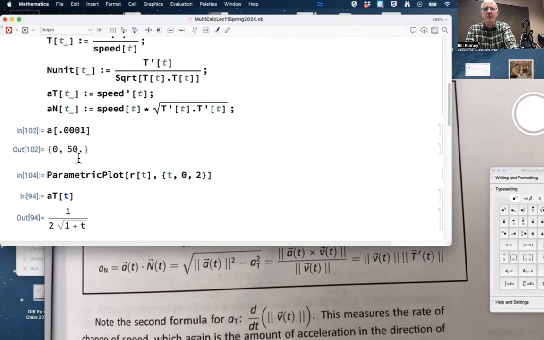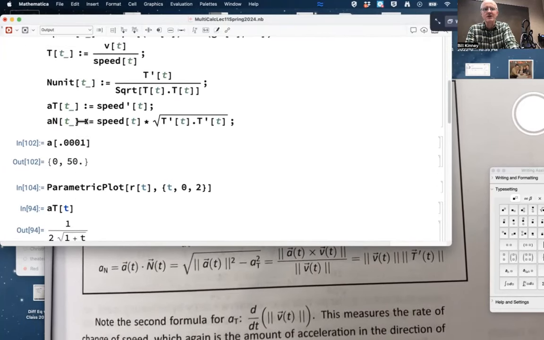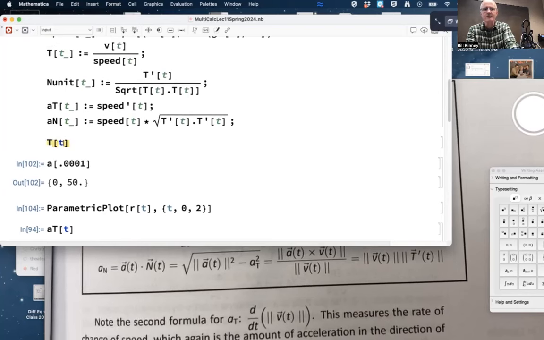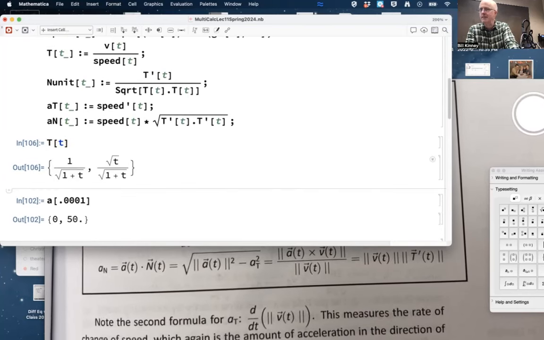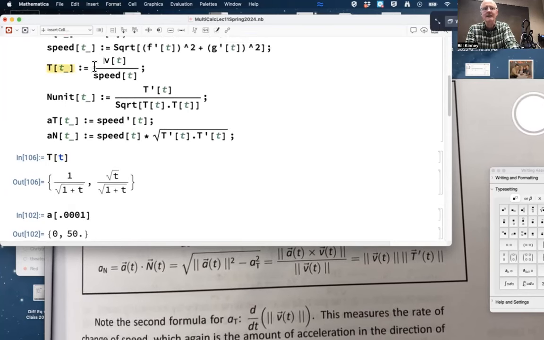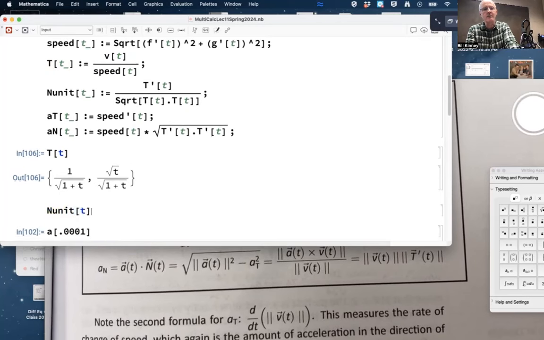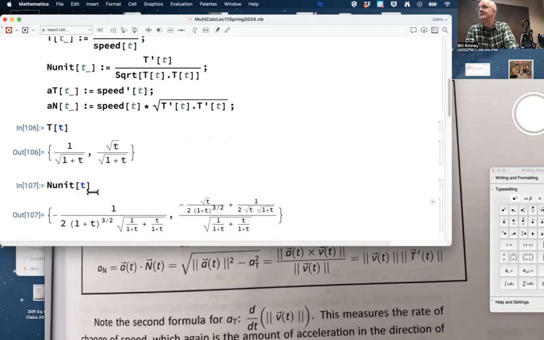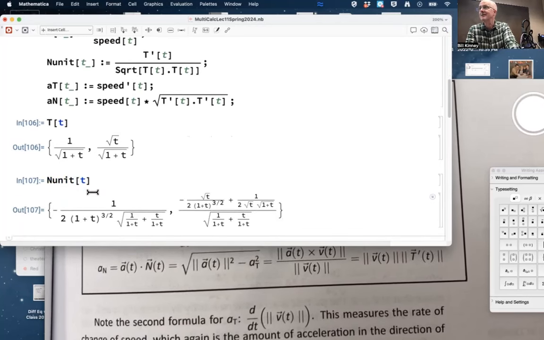By the way, the formulas for the unit tangent vector and the unit normal vector in general can be kind of complicated because you are dividing by square roots because you're normalizing. So there's the unit tangent vector. Probably the formula for the unit normal vector is even more complicated. You have to compute that by hand, possibly.